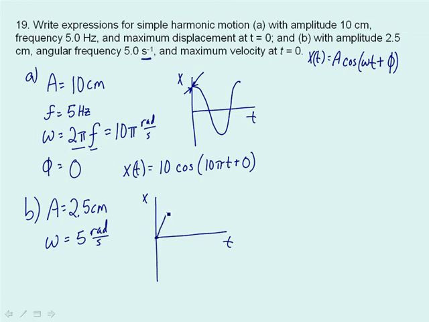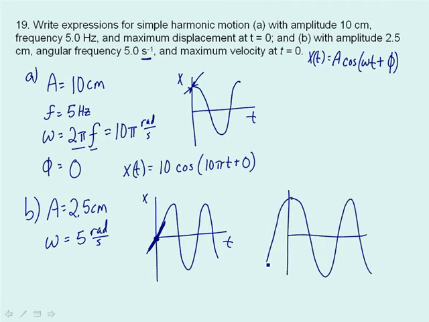So my function is going to look like this. At t equals 0, I have maximum velocity because it's passing through the equilibrium position. Further, I have positive velocity because the slope at this point on the graph is positive. Now, in order to get this, I need to shift the curve to the right by a quarter wavelength. The normal cosine function looks like this.